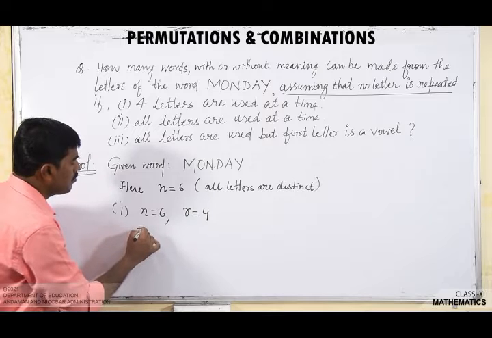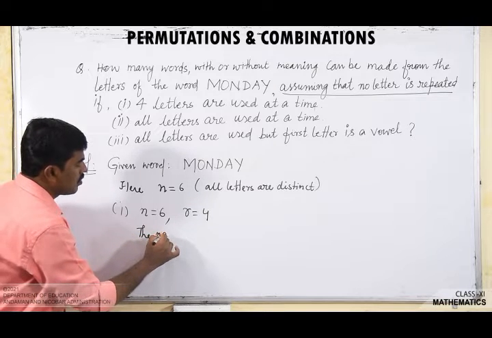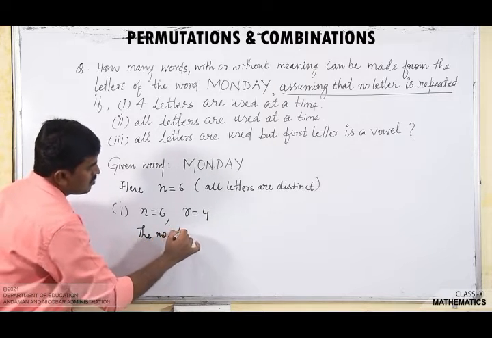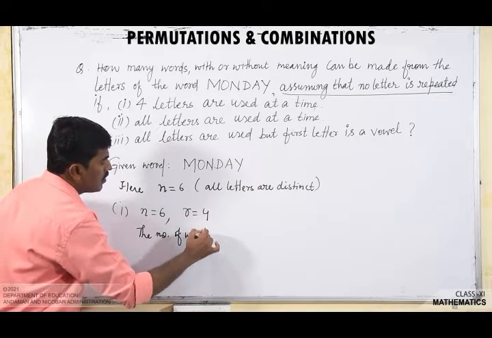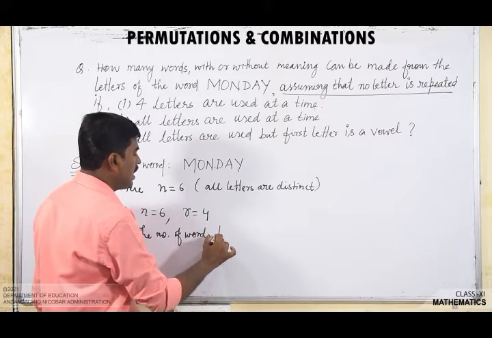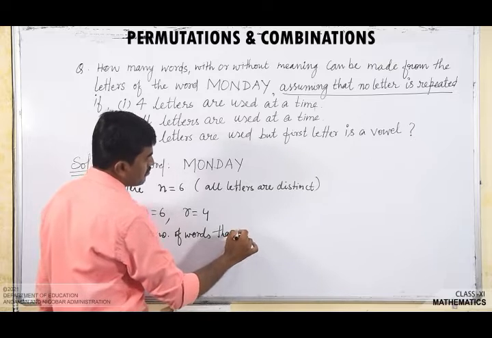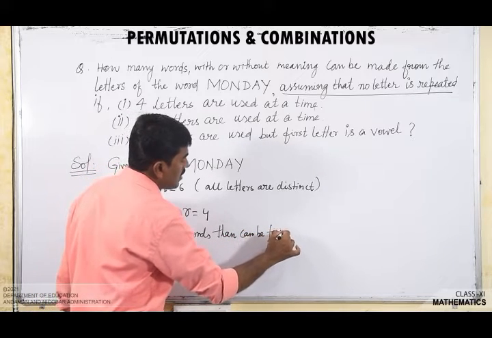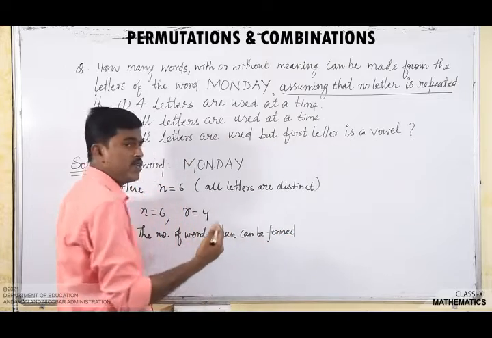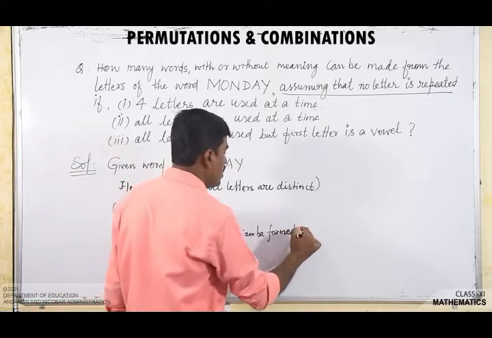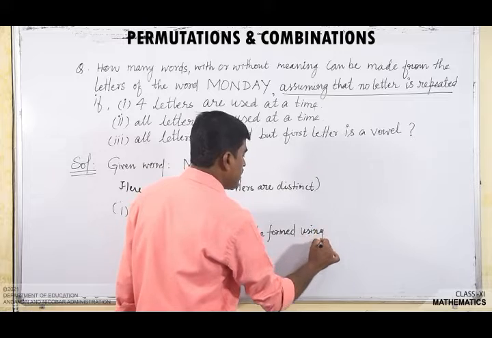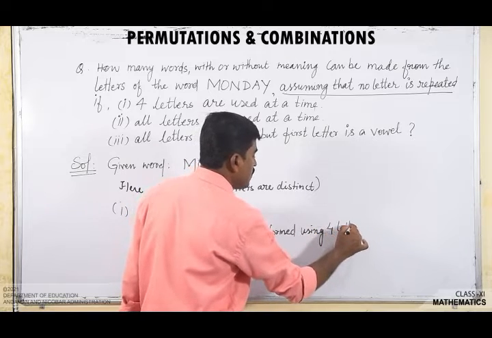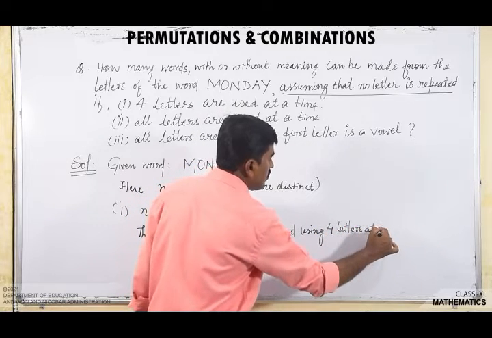So the number of words that can be formed, that means the total number of arrangements that can be formed using how many letters? 4 letters. 4 letters at a time.